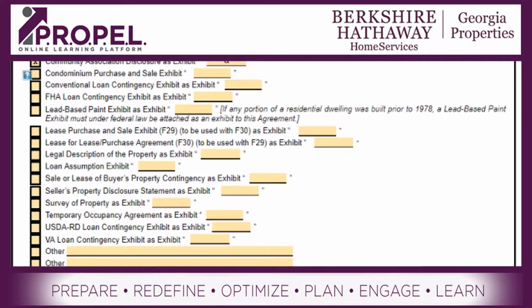So if you have the Community Association Disclosure, it's Exhibit A here. Then you have the conventional loan contingency exhibit, that would be Exhibit B. And then let's say you have the seller's property disclosure statement. You would check that and make it Exhibit C.